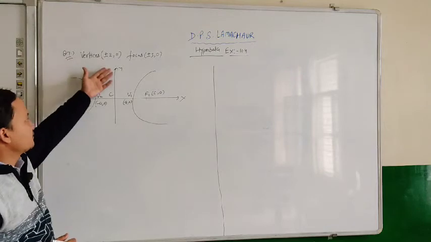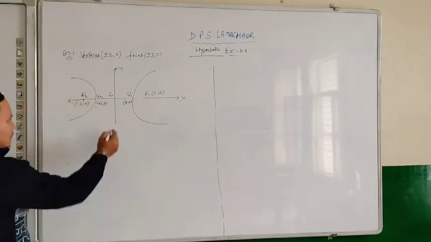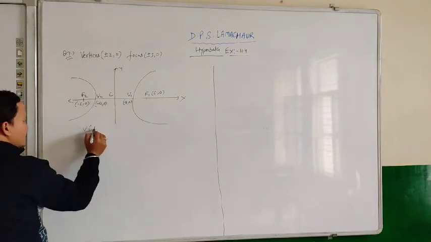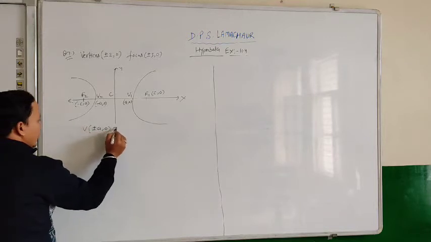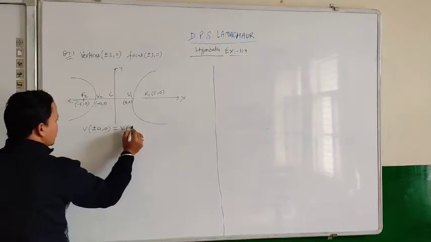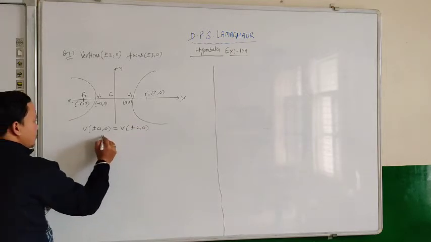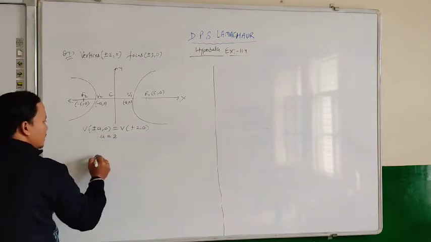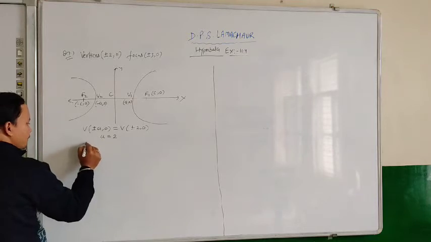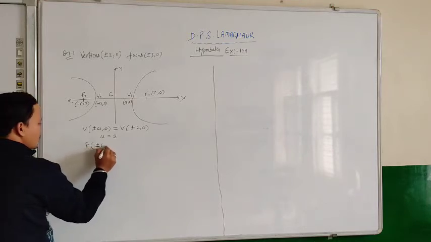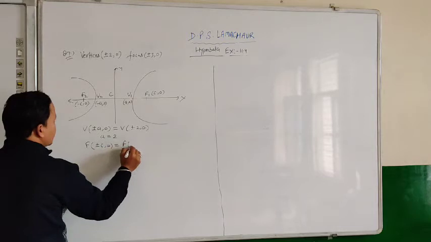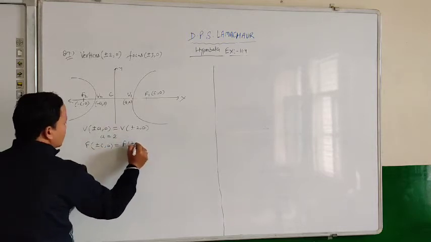Now compare the given vertices with plus minus a comma 0. Here the vertices are given as plus minus 2 comma 0. On comparing both sides, we get the value of a equal to 2. Similarly the coordinate of focus is plus minus c comma 0, and here it is given as plus minus 3 comma 0.